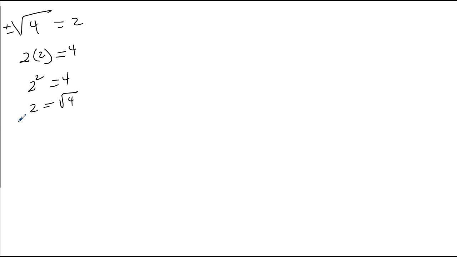But first, I want to talk to you about the square root, or what's essentially called a radical. Okay? So let's draw a little box around that. What a lot of students don't understand is that when you say the square root of 4, essentially what you're saying is the second root of 4.